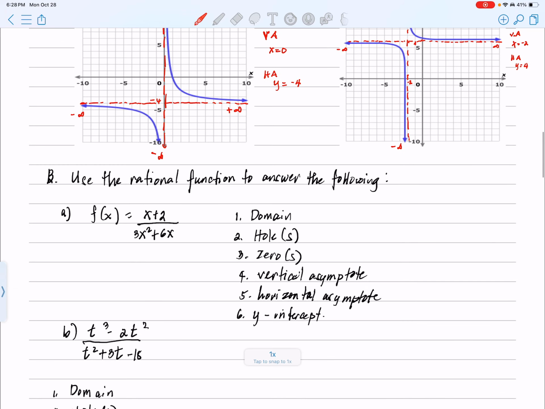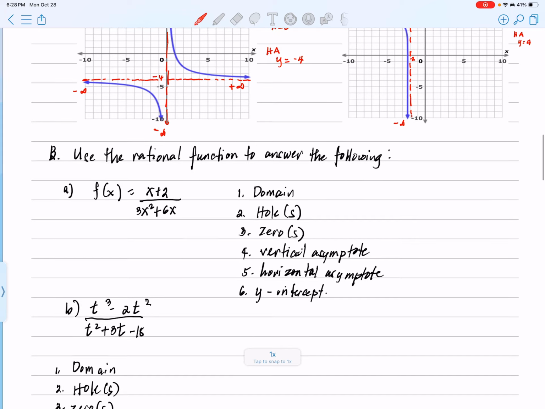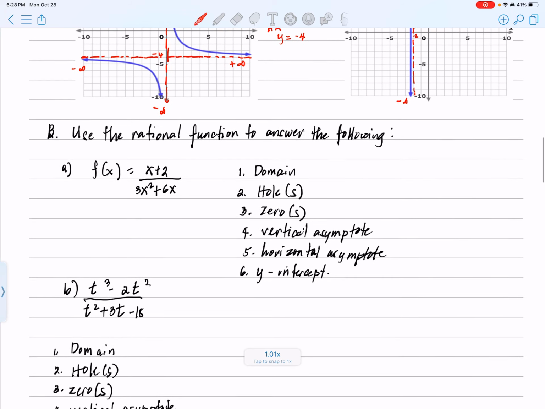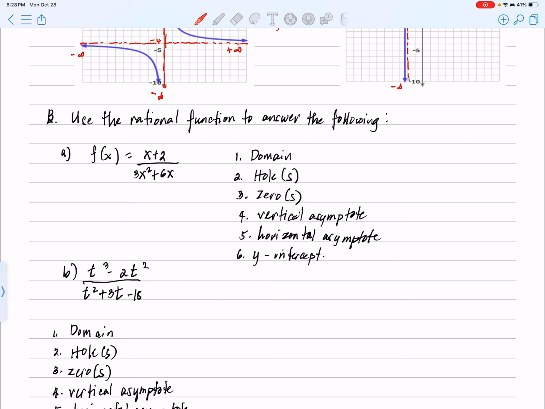Use the rational function to answer the following. We have f(x) = (x + 2) over (3x squared + 6x).